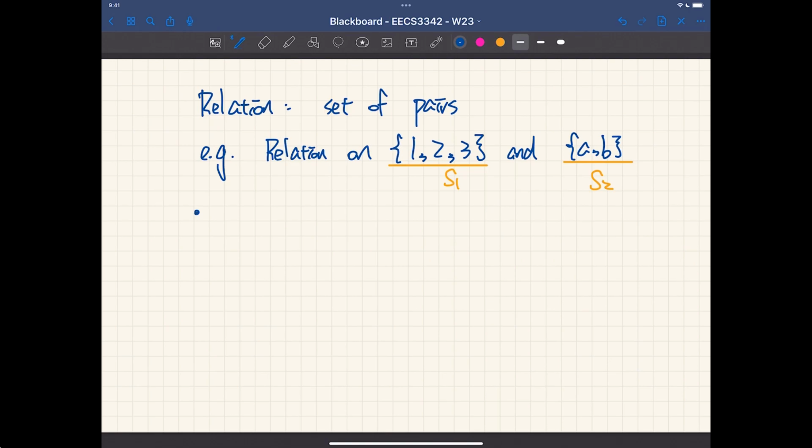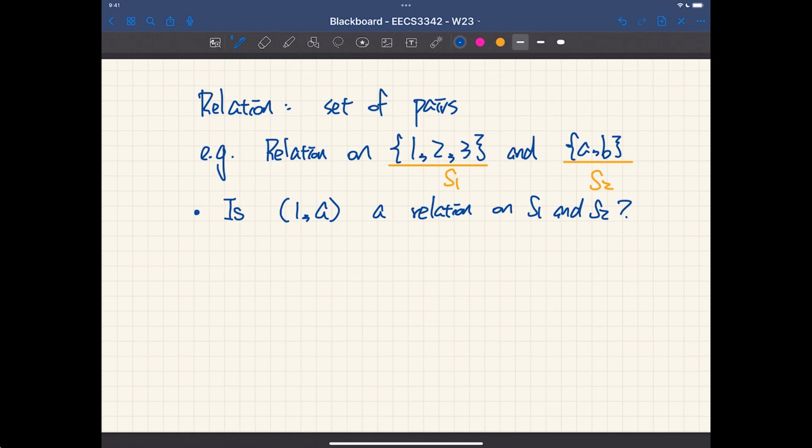Number 1: is 1A a relation on S1 and S2? Think very carefully.